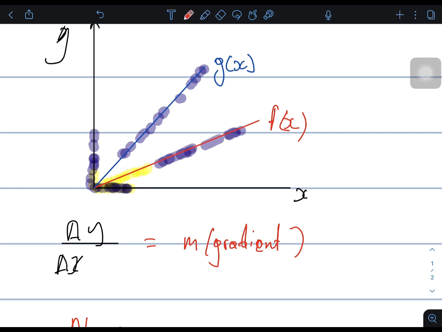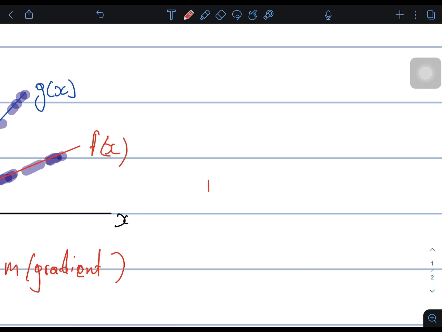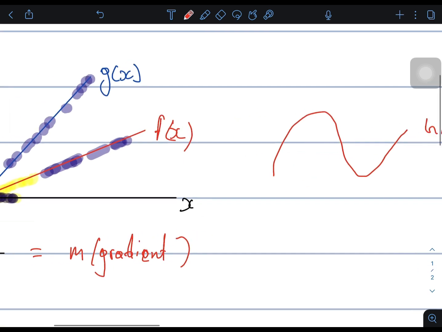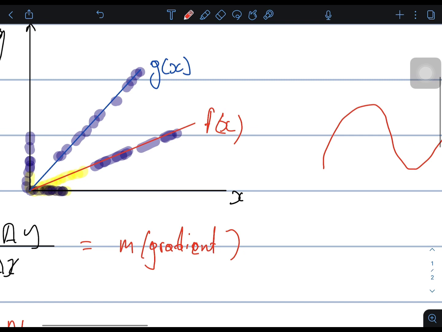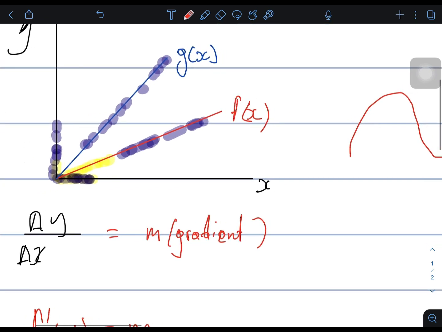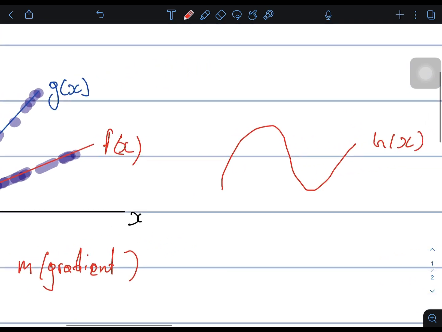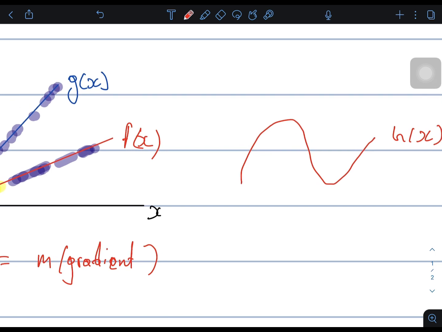It doesn't matter whether the graph is a curve. Let's call this one h of x. If the graph is a straight line, the gradient is constant. But in a curve the gradient is not constant, and so the gradient at this point is not the same as the gradient at that point.